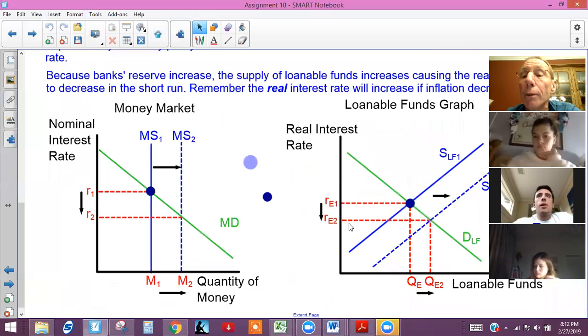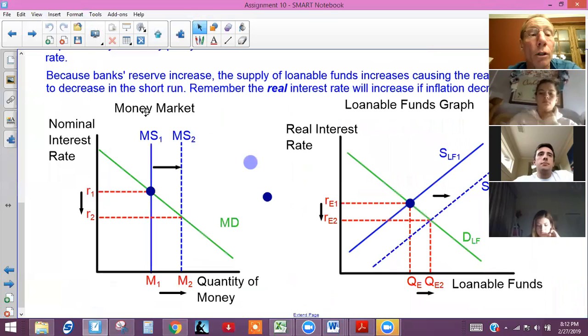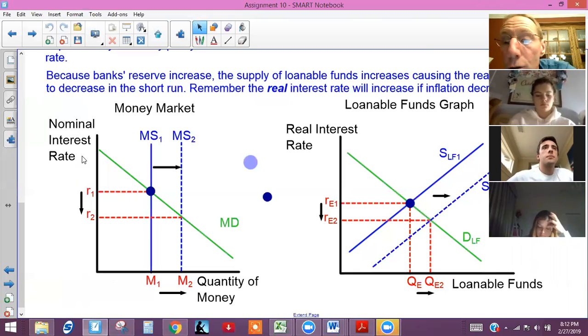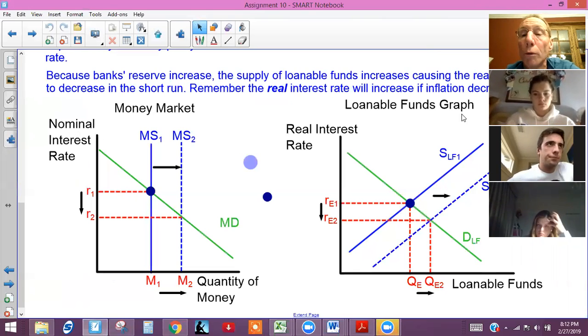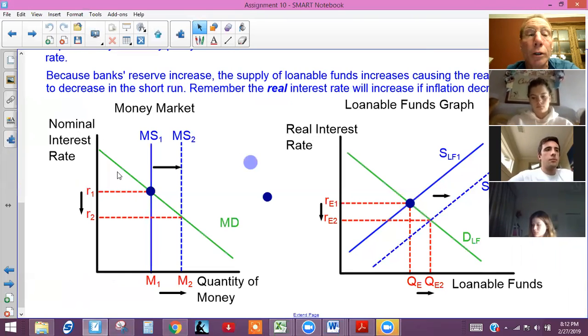So if we look at the money market, we can see that the variable on the vertical axis is the nominal interest rate, right, which is not taking into account inflation. On the loanable funds graph, we've got the real interest rate, which means that this is going to change not only when the nominal interest rate changes, but when inflation changes, isn't it?